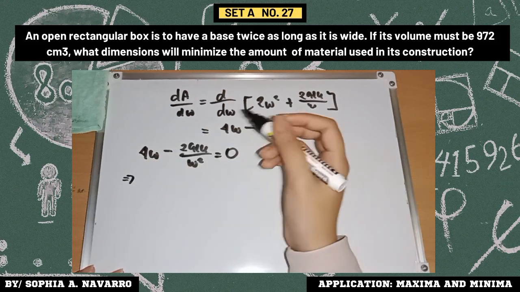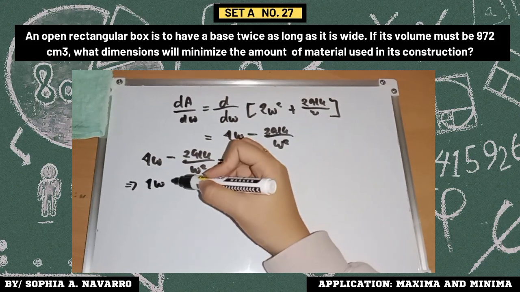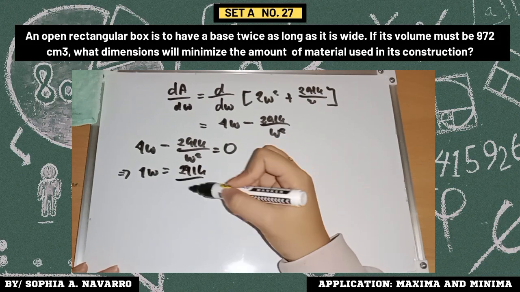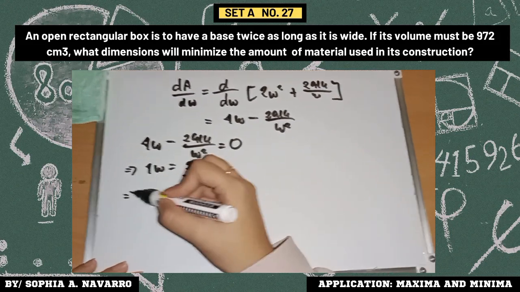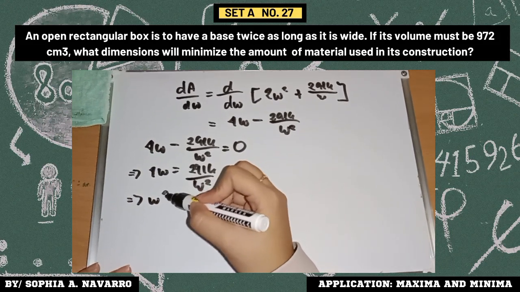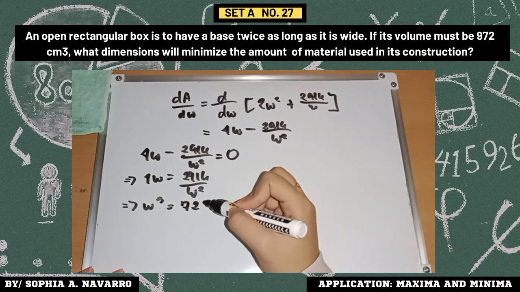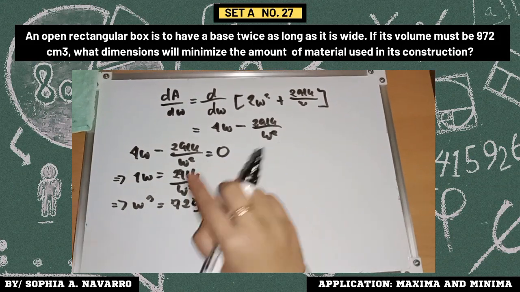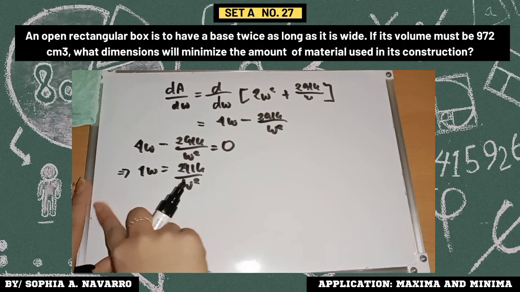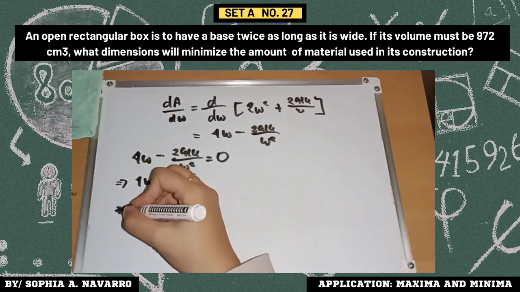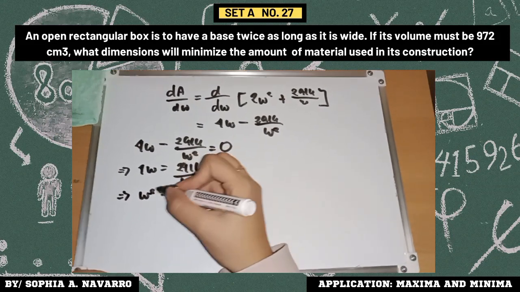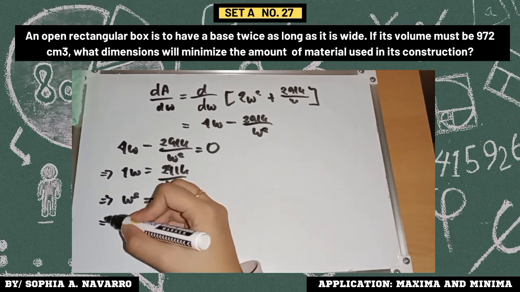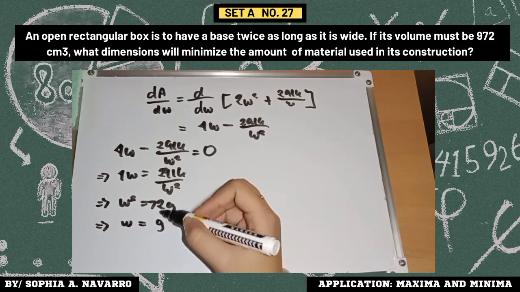And 4 width equals 2,916 over width squared, so width cube equals 729, and that gives W equals 9.